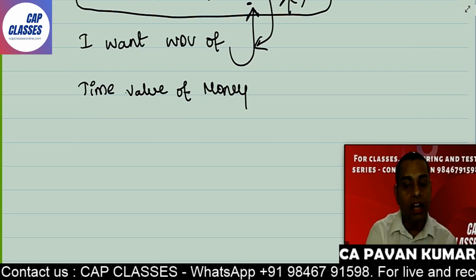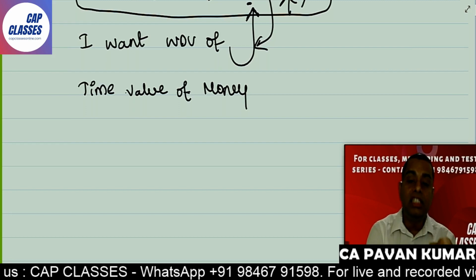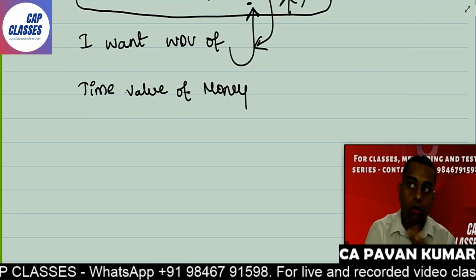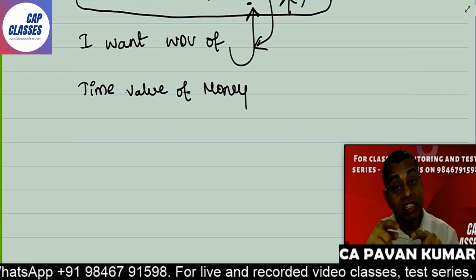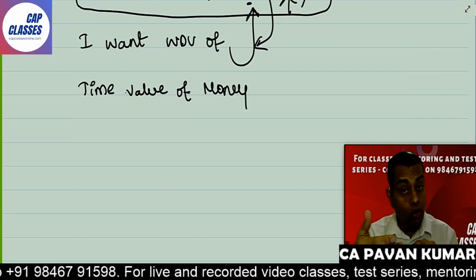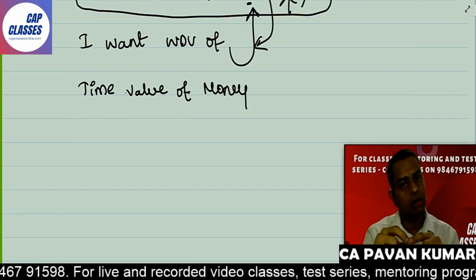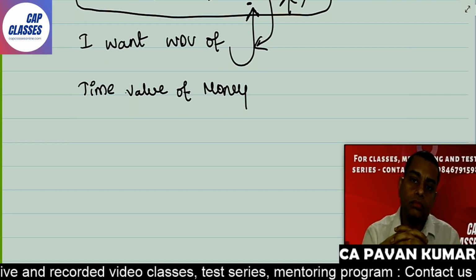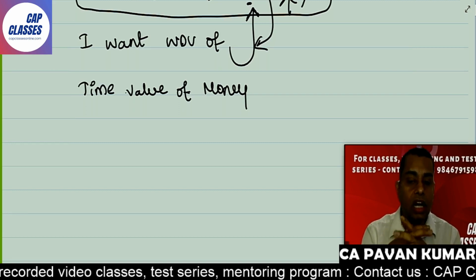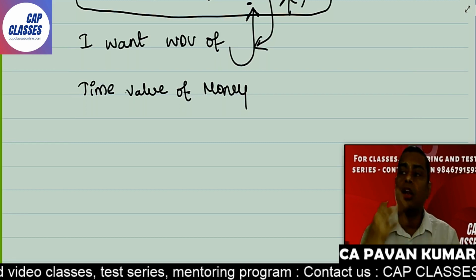Land has infinite life. That is the reason you could not charge depreciation on land. Yes or no? Correct. Now, intangible assets like goodwill or brand value, which you have acquired, also may have infinite life. Google acquired YouTube long back.